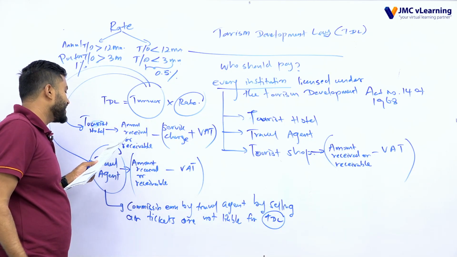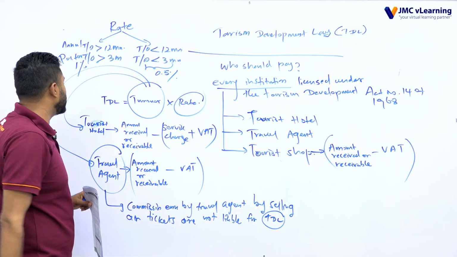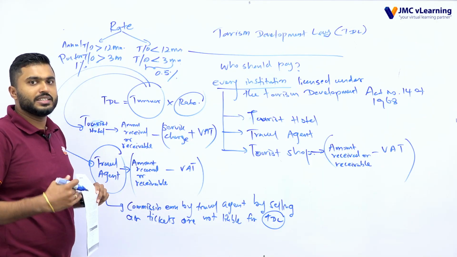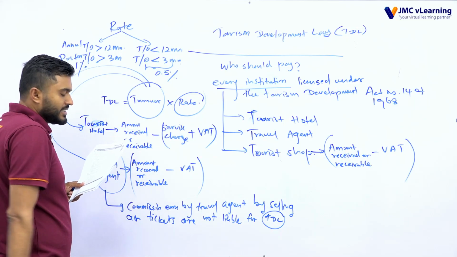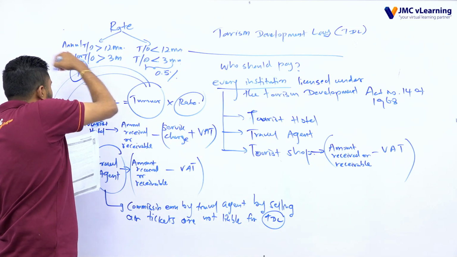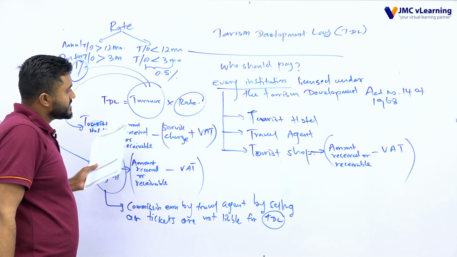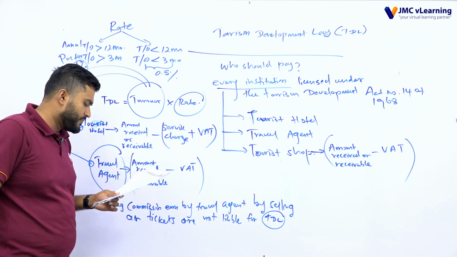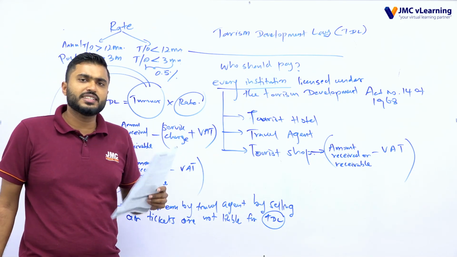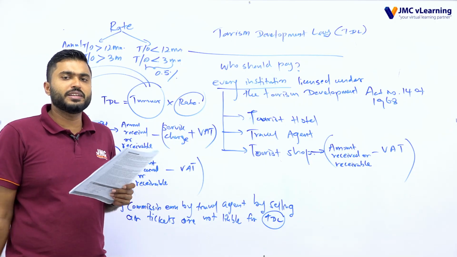There are two rates, right? So that is the percentage of that tourism development levy. Then we have to discuss when they need to pay this tourism development levy.